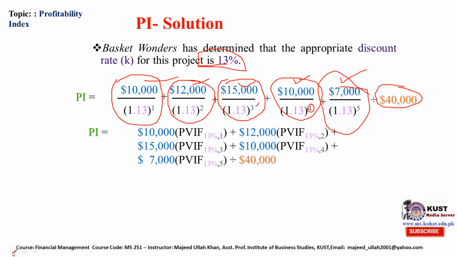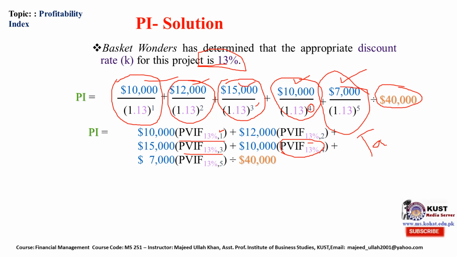In short, 10,000 multiplied by the present value interest factor at 13% for the first year, 12,000 multiplied by the present value interest factor at 13% for the second year, 15,000 multiplied by the present value interest factor at 13% for the third year. So these values will be extracted from the present value table.